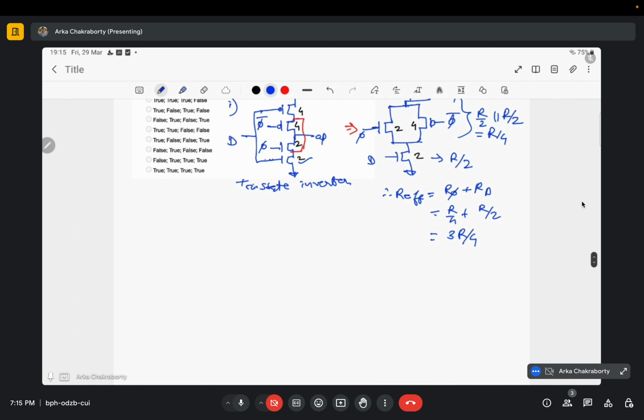So if resistance is 3/4, my current would be 4 by 3 of the benchmark inverter. Okay, because resistance is 3/4, current would become 4 by 3 of the benchmark inverter. Fine. So if resistance is decreasing, my delay would decrease. Correct.